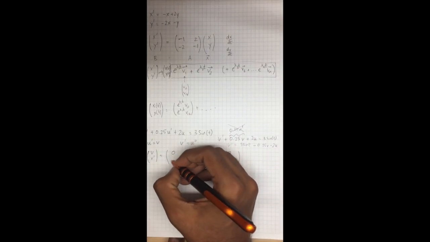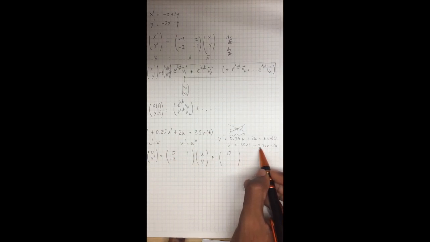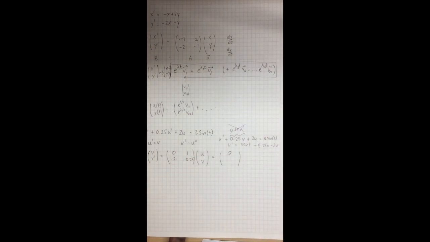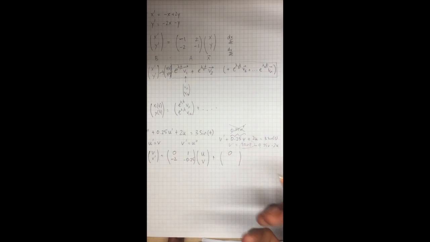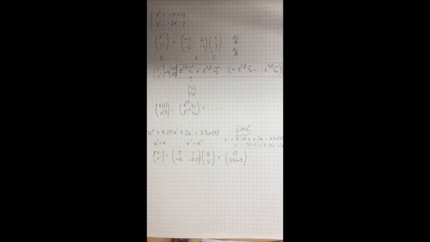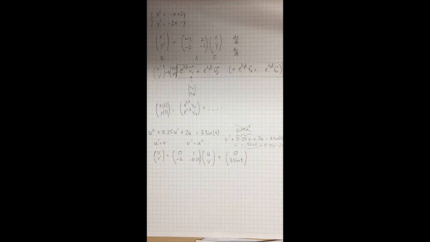There's going to be minus 2, so I'm going to put minus 2 here and minus 0.25v. I'm bringing that in here also. And I have a term left out, that's 3 sine t. So luckily we have added this vector where 3 sine t can fit in. So this would be my matrix to solve, and I'll tell you how to solve this in the next video. Okay, thanks for watching.